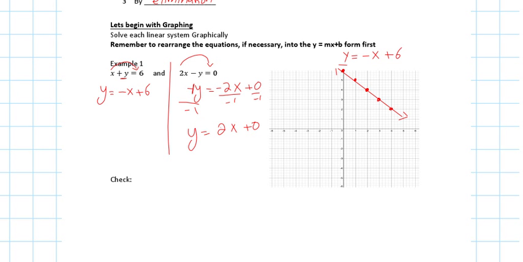And how much do I go by? Up 2 over 1, because remember, this is over 1. So up 2 over 1, up 2 over 1.